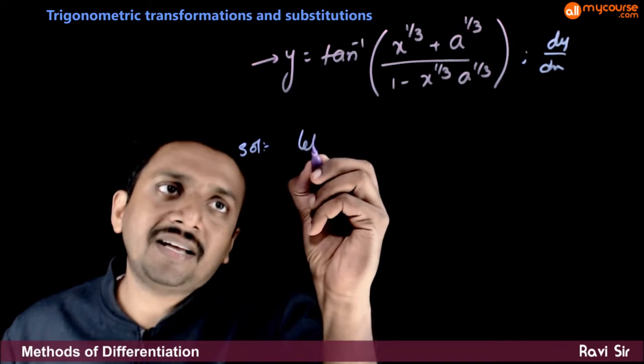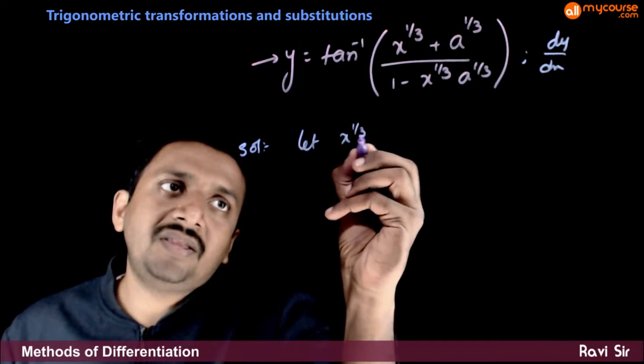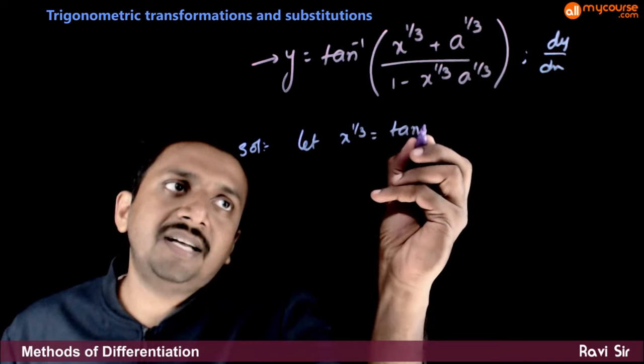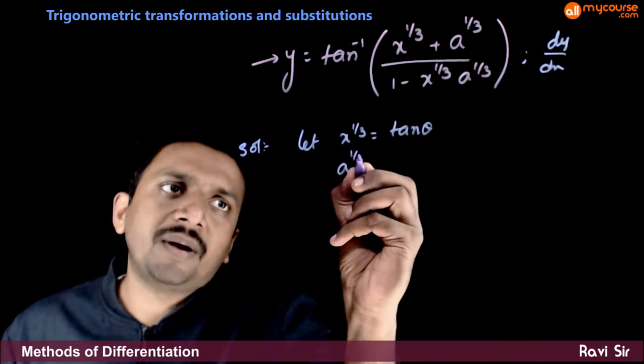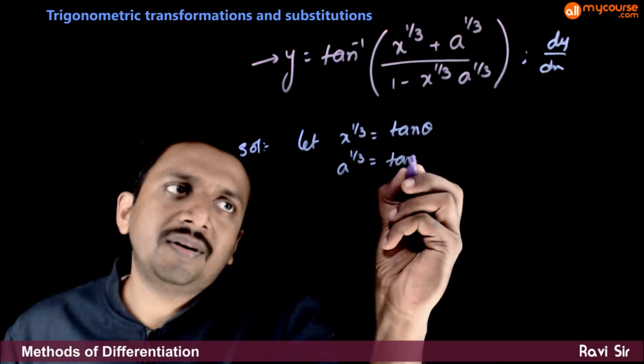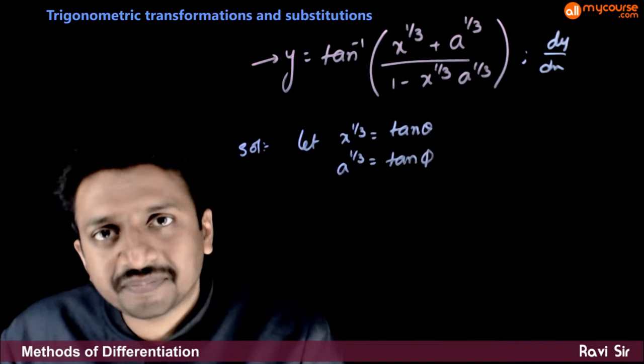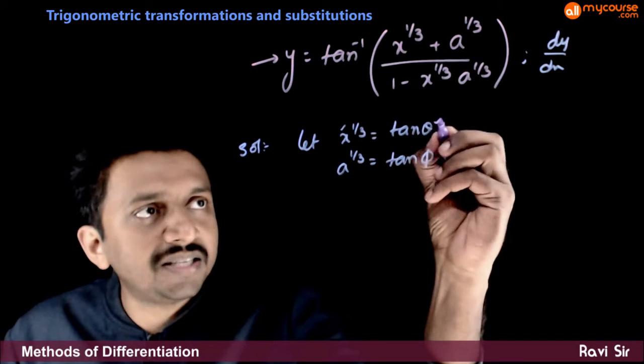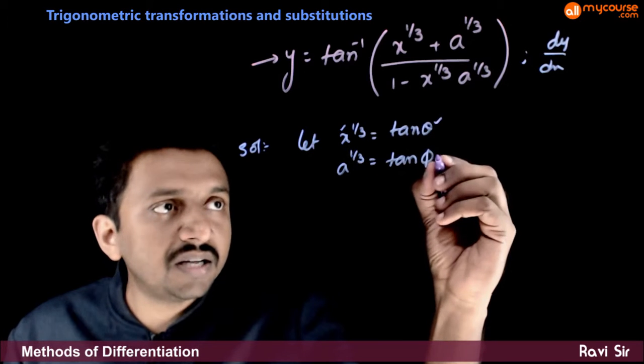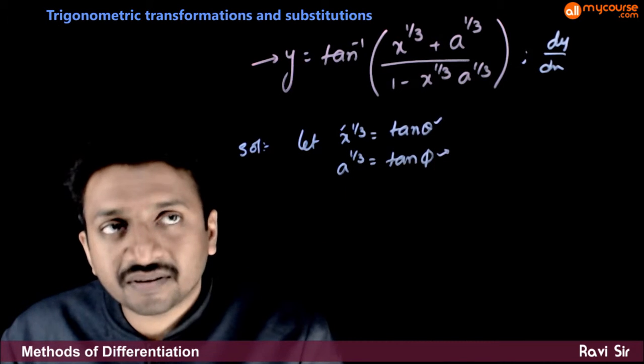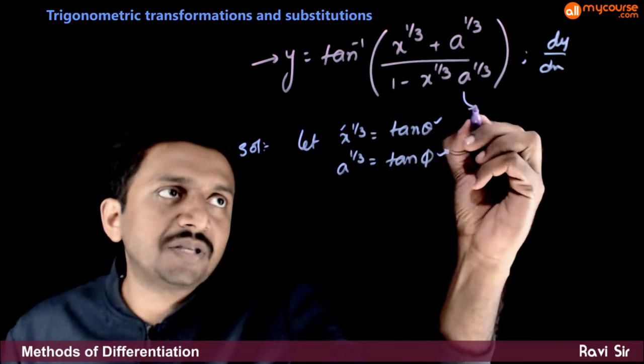So I say let x^(1/3) is equal to tan theta, a^(1/3) is equal to tan phi. As x changes, theta changes, but a is a constant, so phi is a constant. So what is this expression?